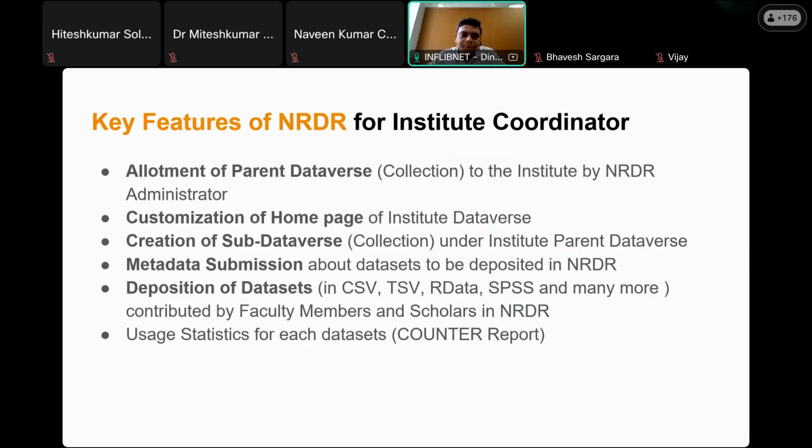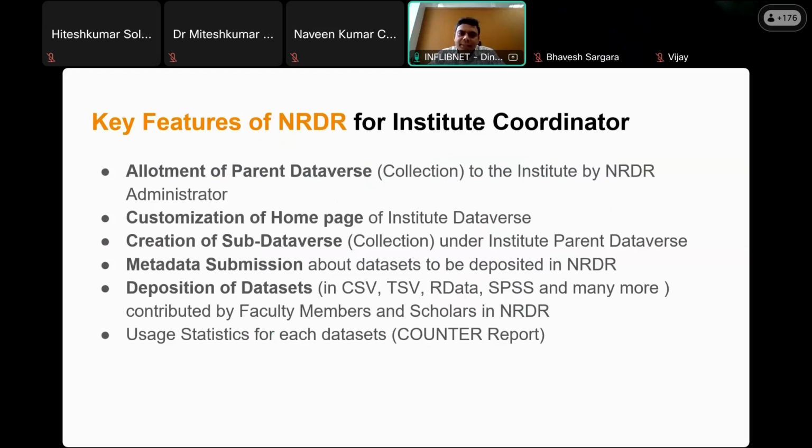Whoever is the Dataverse administrator has to submit their data sets along with the metadata into the repository. There is a well-defined procedure available for that, and I'll be showing the screenshots in the later slides.